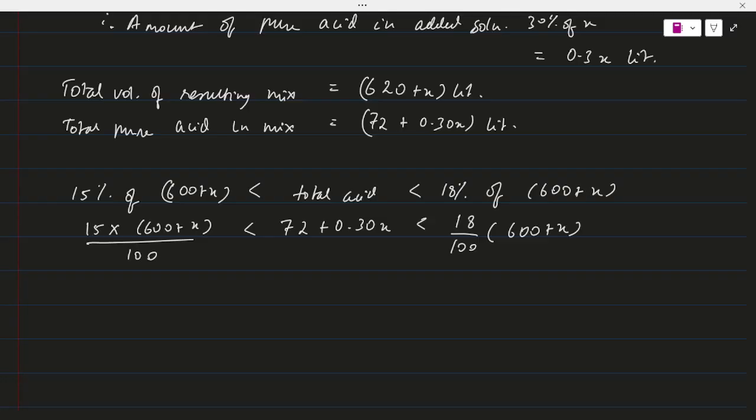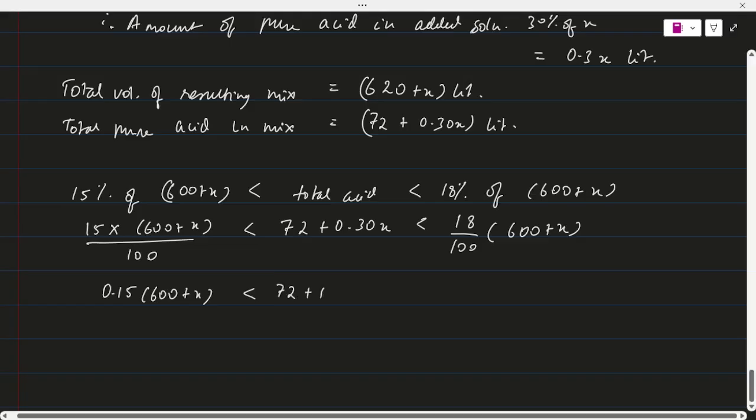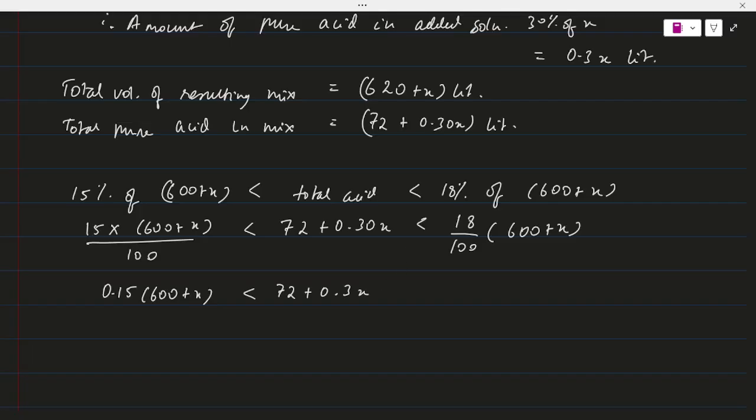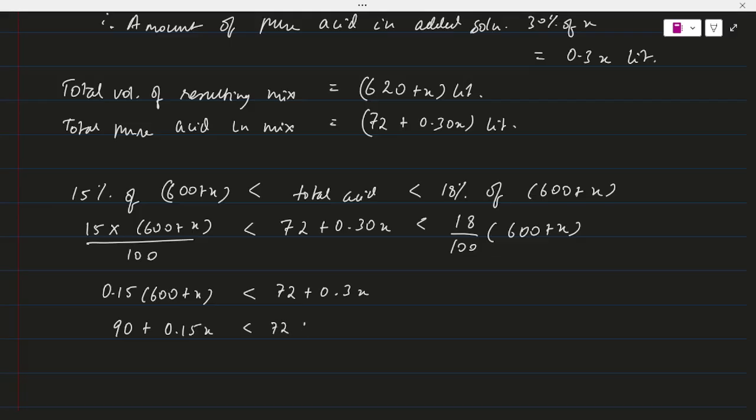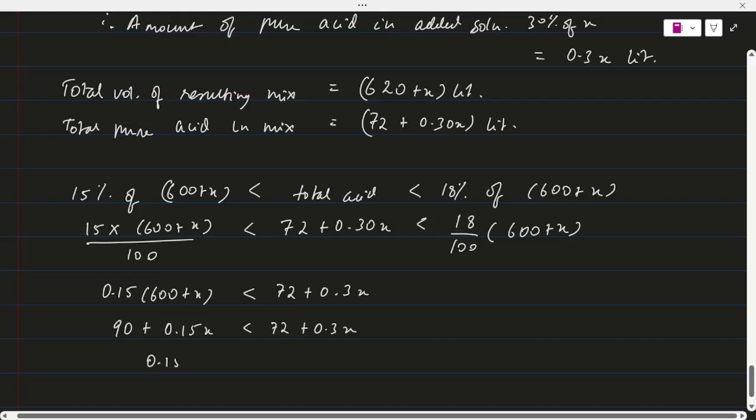Let's first focus on the left hand side. We can write this as 0.15 into (600 plus X) less than 72 plus 0.3X. 0.15 into 600 will give 90, plus 0.15X less than 72 plus 0.3X. 90 minus 72 on one side, and 0.15X minus 0.3X less than 72 minus 90.